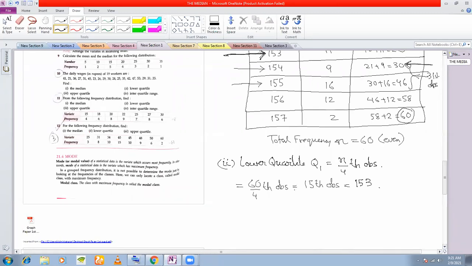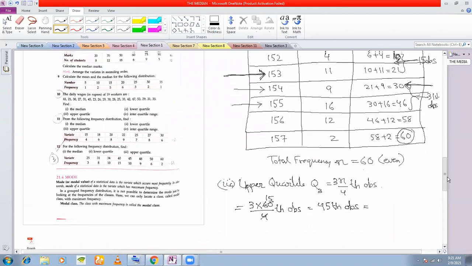Okay. Let us now see how to find the upper quartile, exactly the same way. The third one here is the upper quartile, Q3, the 3n by 4th observation. 3 into 60 by 4th observation, which is the 45th observation.